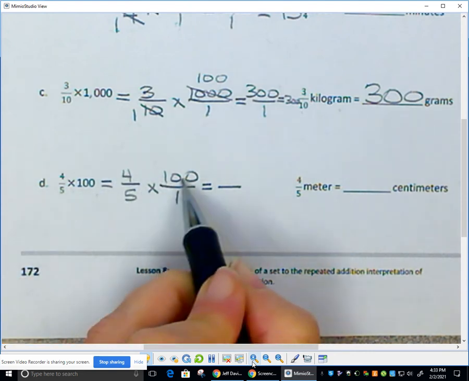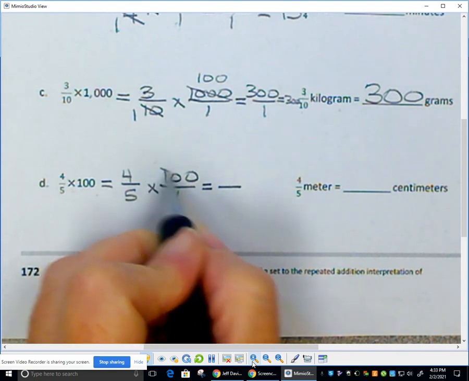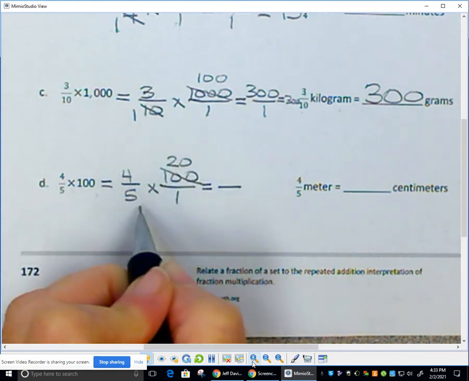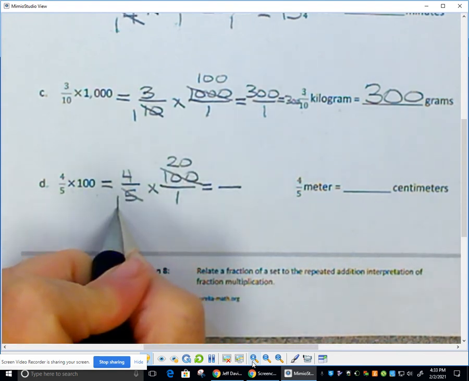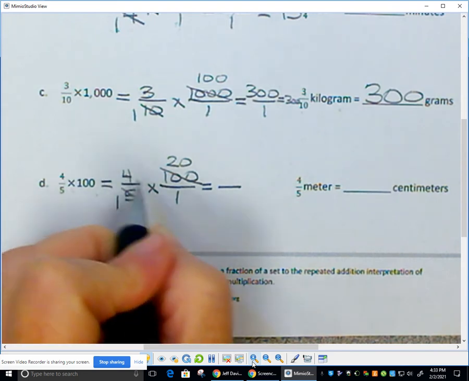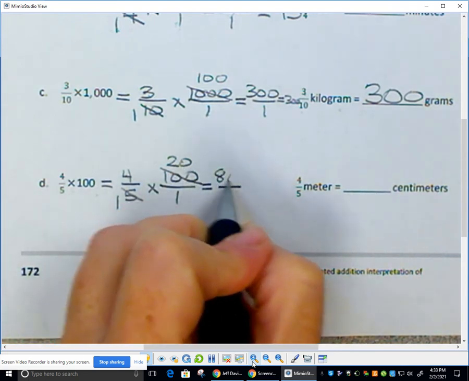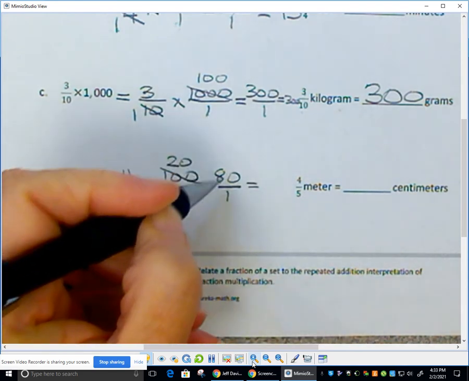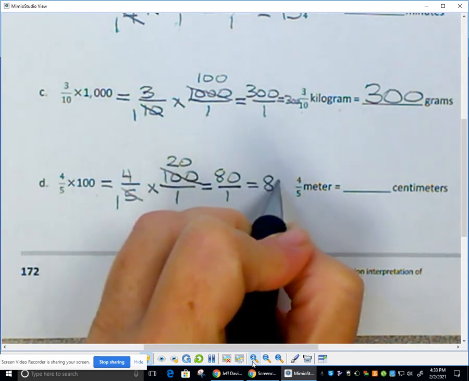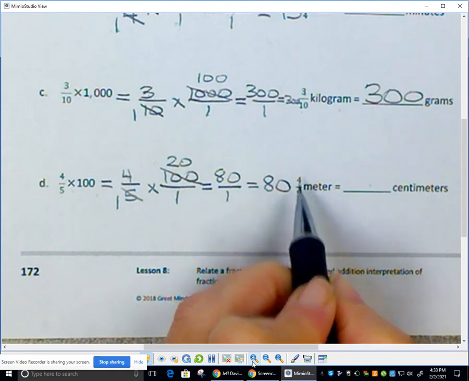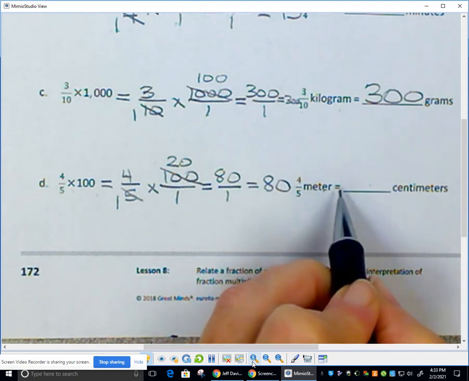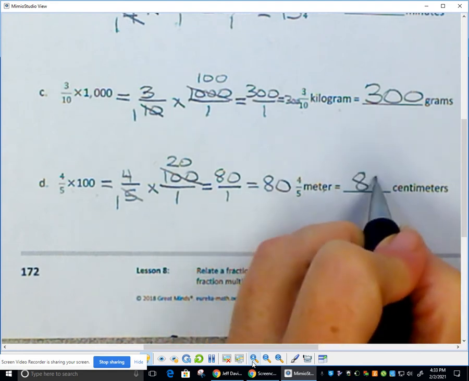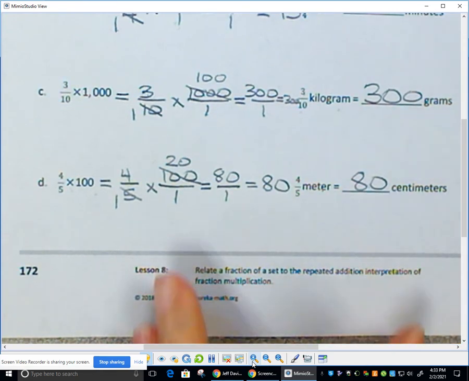So let's look at the 5 and the 100. 5 will go into 100 20 times, and 5 will go into itself 1 time. 4 times 20 is 80. 1 times 1 is 1. And 80 divided by 1 is 80. So we'll just fill it in over here. 4/5 of a meter equals 80 centimeters.